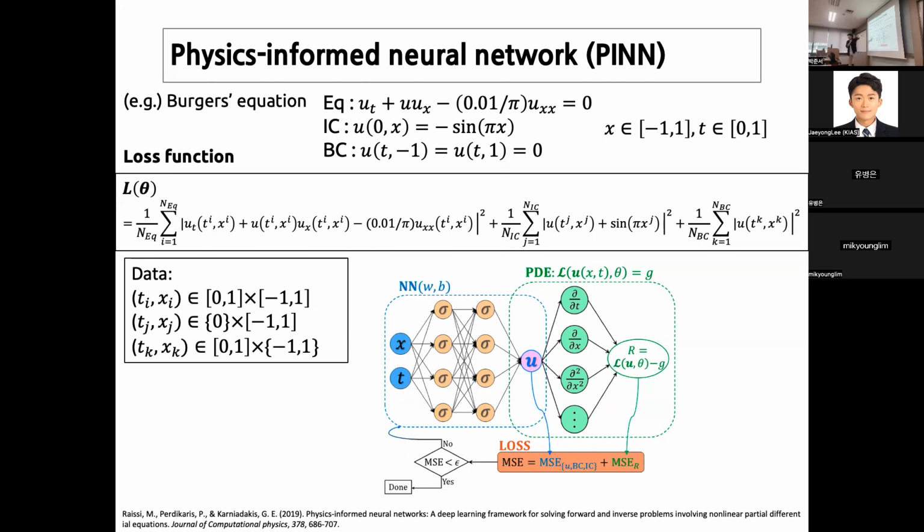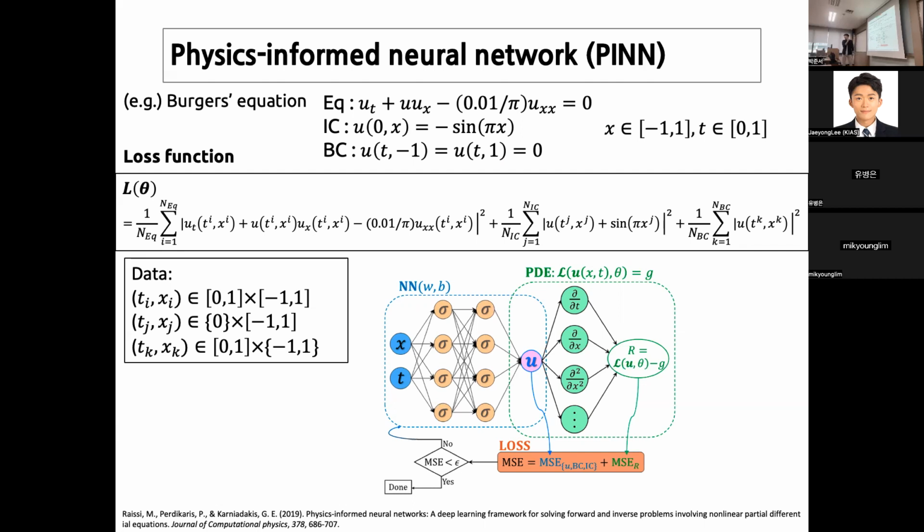Also, the second term is about the initial condition. So for the initial condition, we use the grid t_j and x_j on this domain. Because for the initial condition, we just take samples at time t equal to 0.